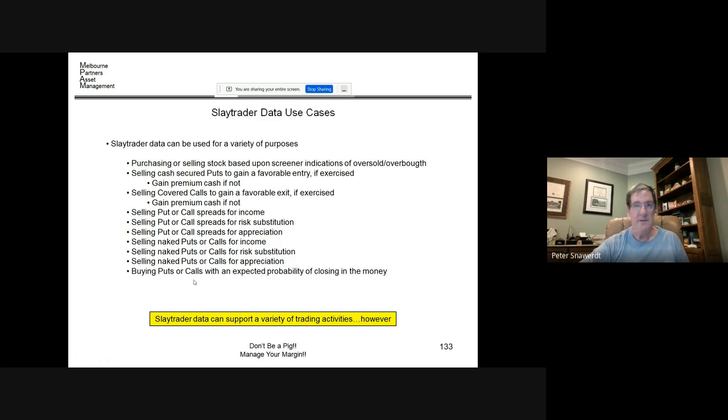Phil has taken some of this to a new level with his casino expected value bets and things like that. But you can do all kinds of different trades for different reasons. Like risk substitution is one that I do a lot on the call side.